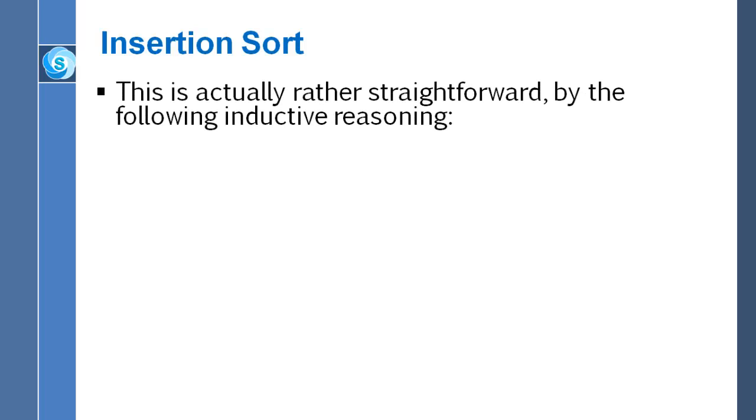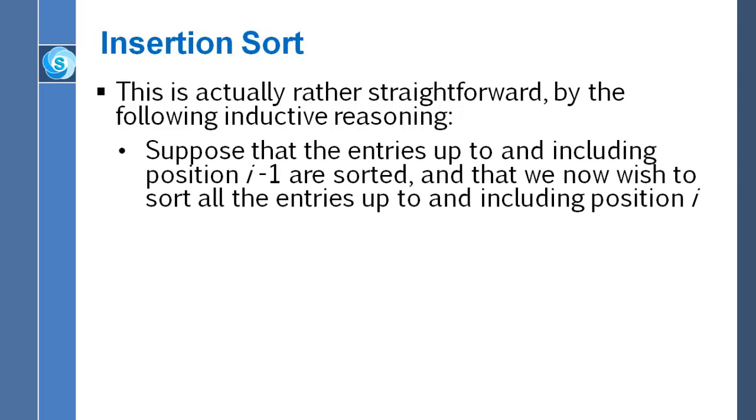Okay, so how are we going to accomplish this task? What is it that's going to allow us to maintain the entries in order up to a certain point as we make this pass through the array? Well, the following reasoning is pretty much at the heart of pulling this off.